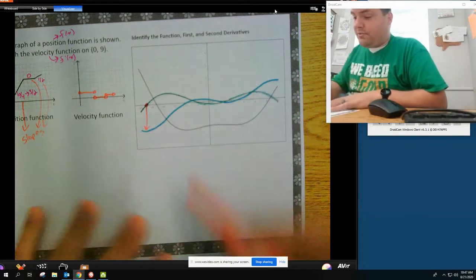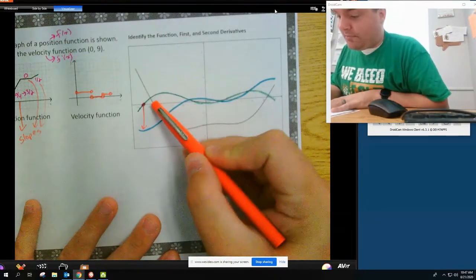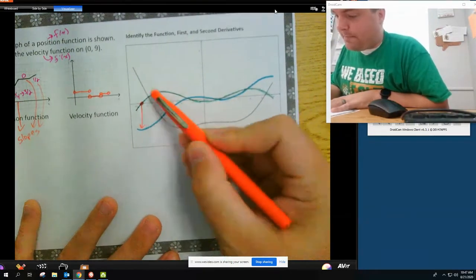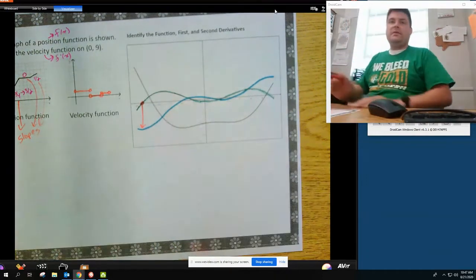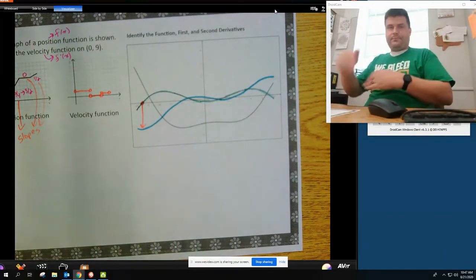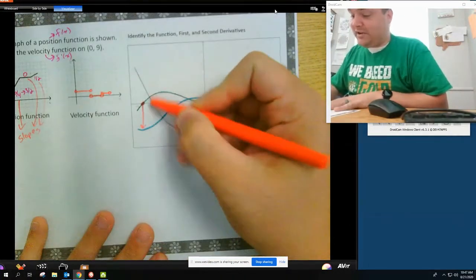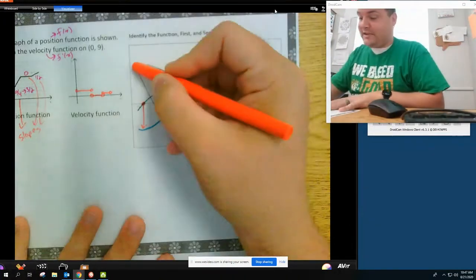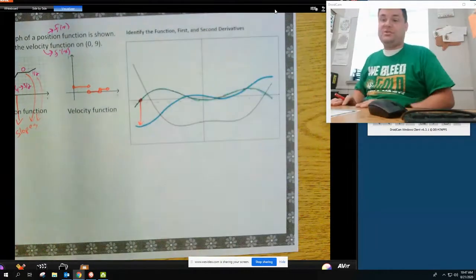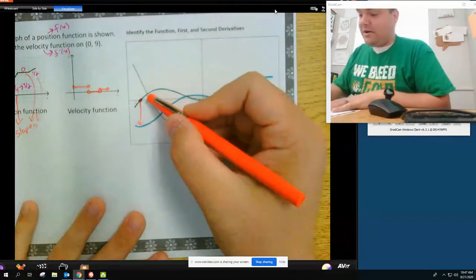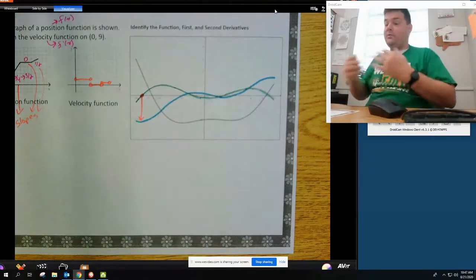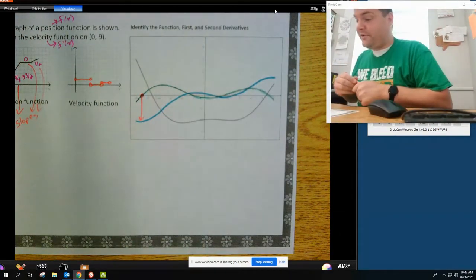And as I go through, I see another 0 right here, but I don't see any matching horizontal tangents. Okay, so that's actually going to tell me that this is the original function, because there are no horizontal tangents that go along with that. But I'll move a little further and use that same strategy.